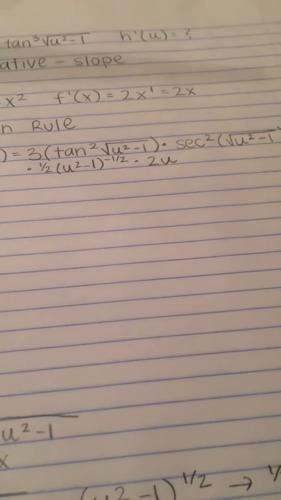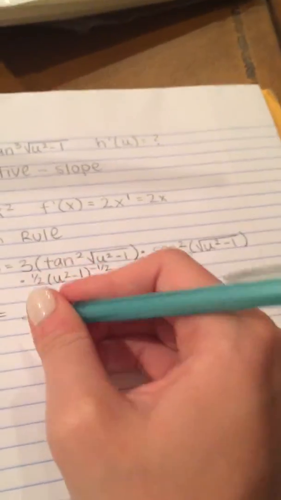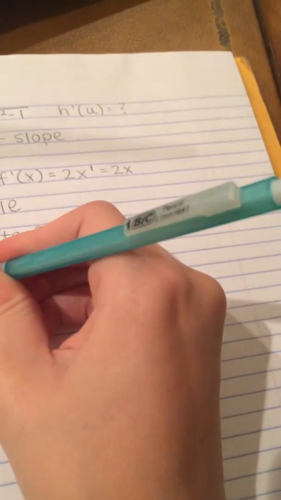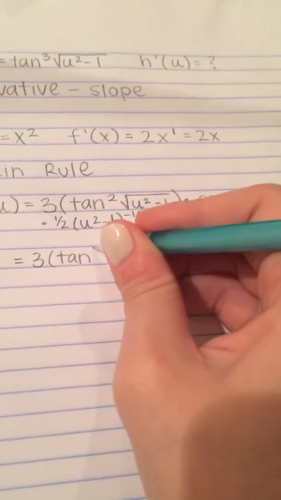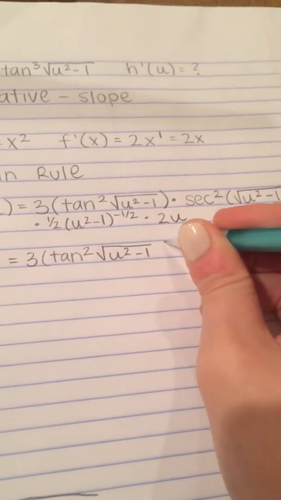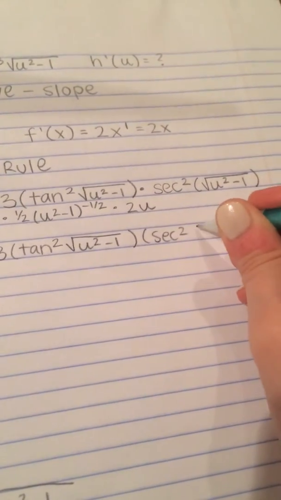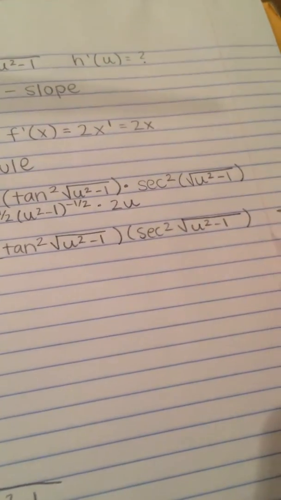You just now have to simplify and make it nice. So I'm just going to put it into a fractional form so it looks nice. We have 3 tangent squared of the square root of u squared minus 1 times secant squared of the square root of u squared minus 1.